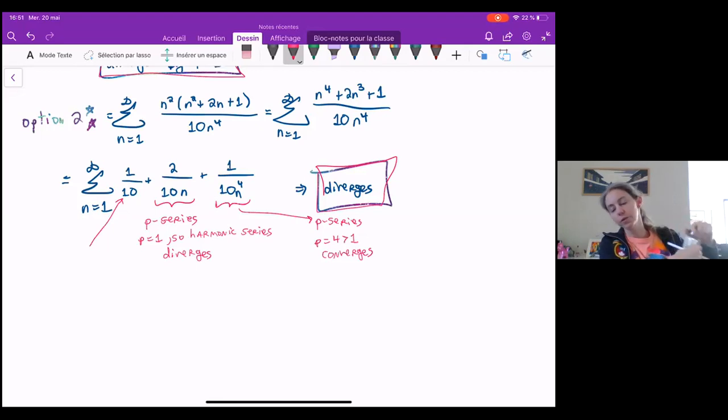What's the limit as n goes to infinity of 1 over 10? 1 over 10. So this diverges by the test for divergence. So I have diverges plus converges, that clearly diverges. All right, last one.